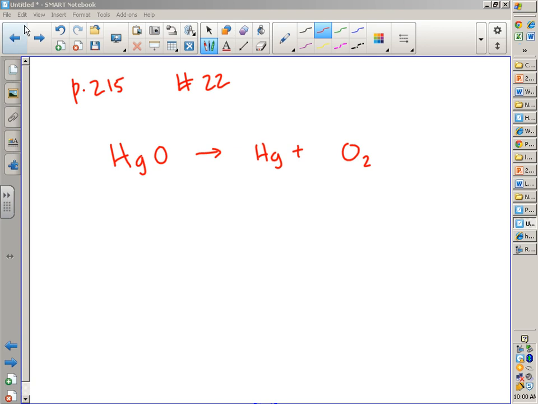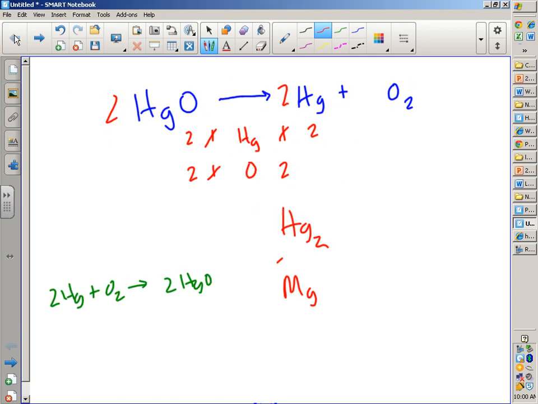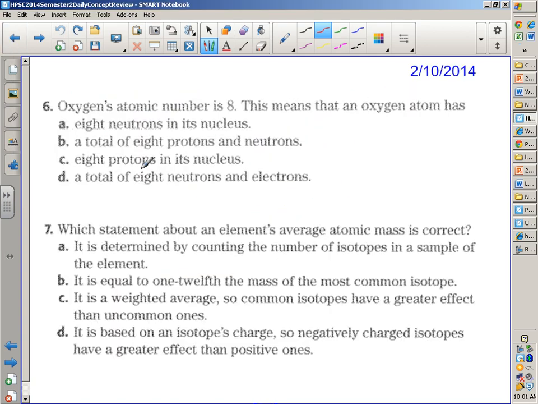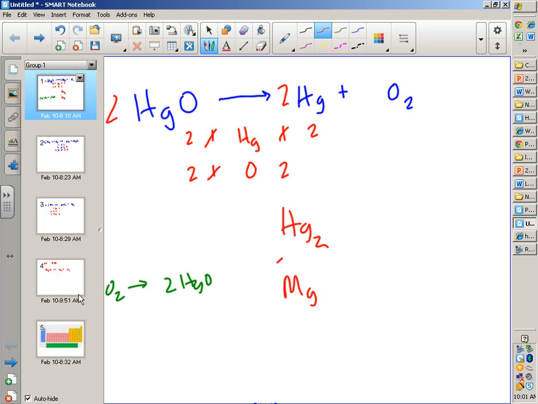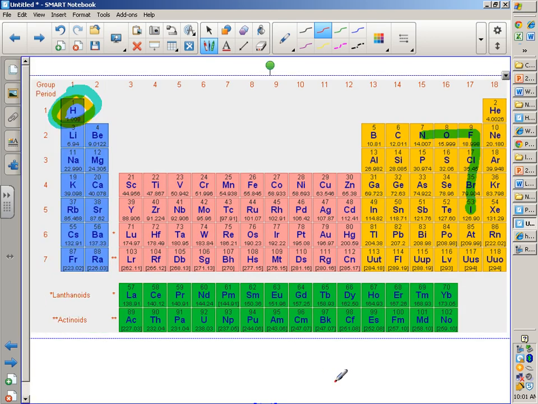Real quick, this will come in handy a little bit later on. There it is. All right, here's your periodic table. There are 7 diatomic elements on the periodic table. One of them is hydrogen. It's all the way over here up at the top.